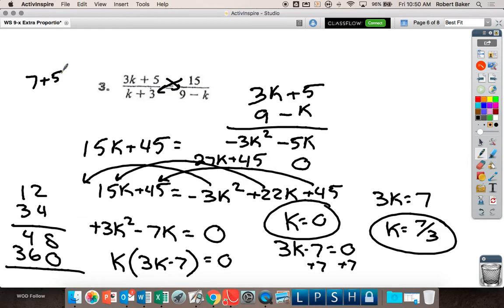And then 7/3 plus 3 is 10/3. Does that equal 15 over 27/3 minus 7/3? So you got 12 over 10/3. Does that equal 15 over 20/3?